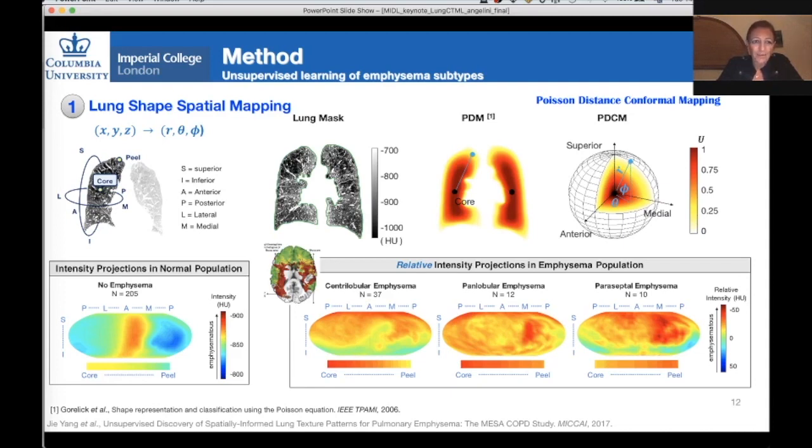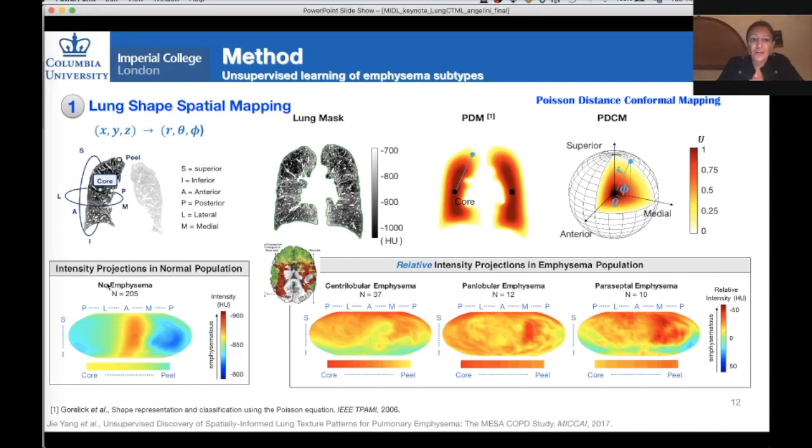And on this small cohort of non-emphysema subjects, if you project the average intensity values in a normal population, you end up visualizing very clearly what is known as the gravity effect, which leads to having attenuation values in the anterior part of the lung with darker attenuation values than in the posterior part of the lung.